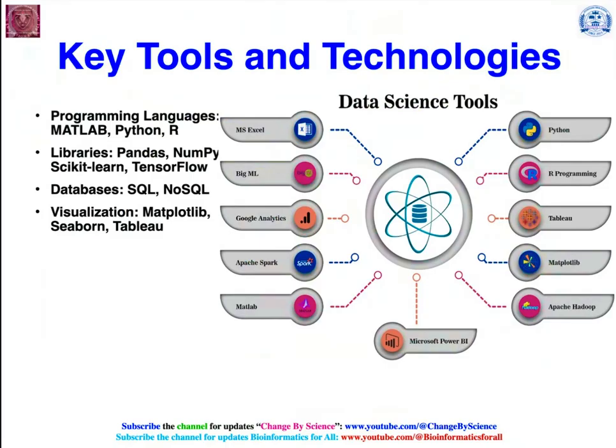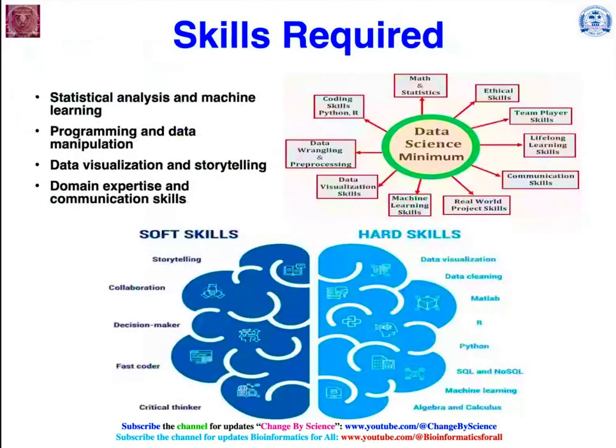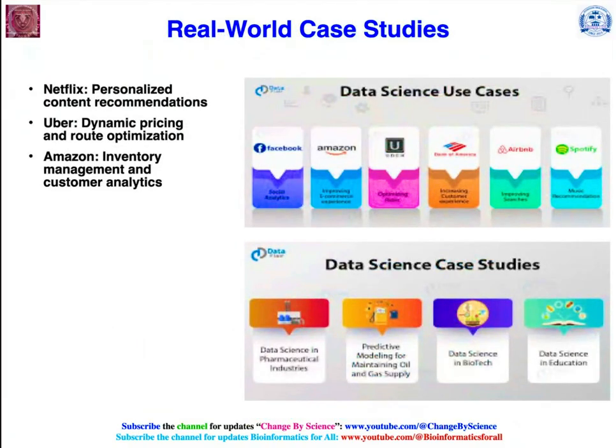Now, the skills required, I have mentioned earlier, but you can think of statistical analysis, machine learning, programming, data manipulation, visualization and storytelling, domain expertise, and communication skills. So you also need to understand real-world case studies.